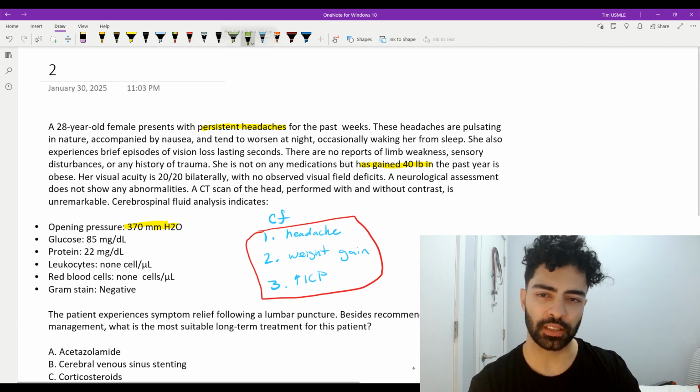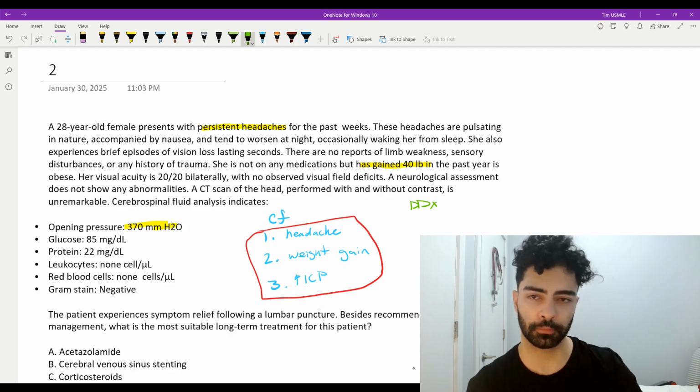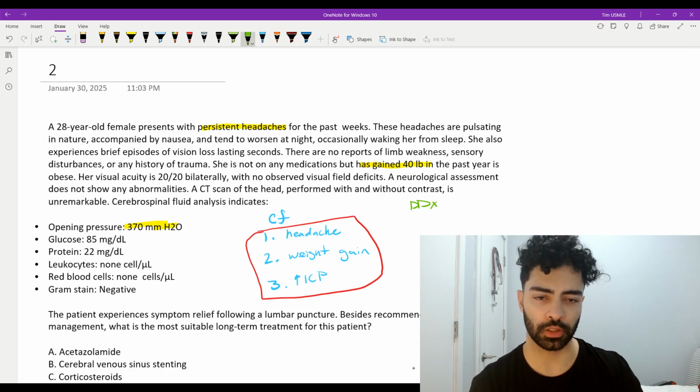In a question like this, that the diagnosis kind of jumps at you, you might not want to come up with 3, but I encourage you to come up with 3 differential diagnoses. So 1 is idiopathic intracranial hypertension. What would be your second and third?